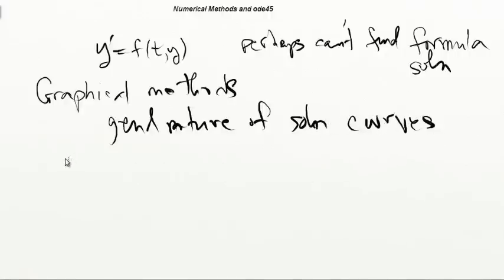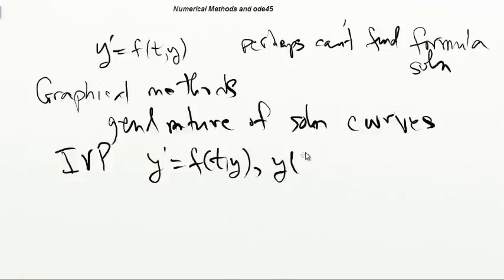However, if we have a specific IVP, that is, if we have the differential equation together with some piece of initial data, say y of t0 equal y0, then it may very well be that the graphical methods, that is the vector field, might not be sufficiently concrete in order for us to say anything specific about the one curve that satisfies both conditions.